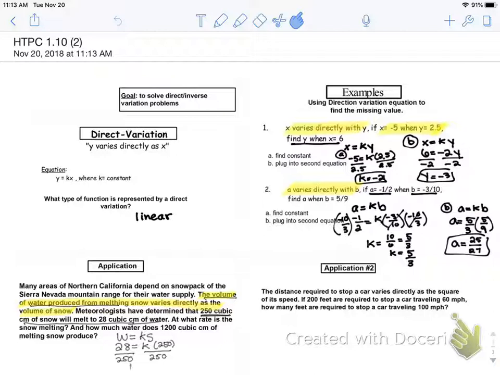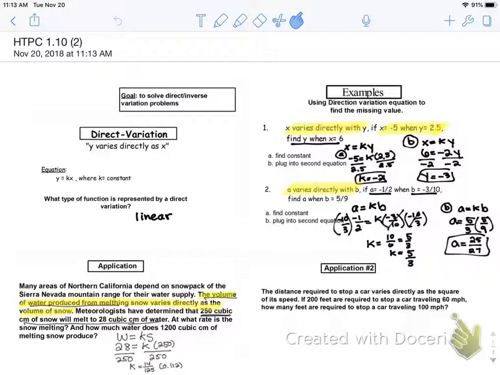So here k would equal 14 over 125. If you wanted to look at that as a decimal, that would be 0.112. So that is my rate at which the snow is melting.